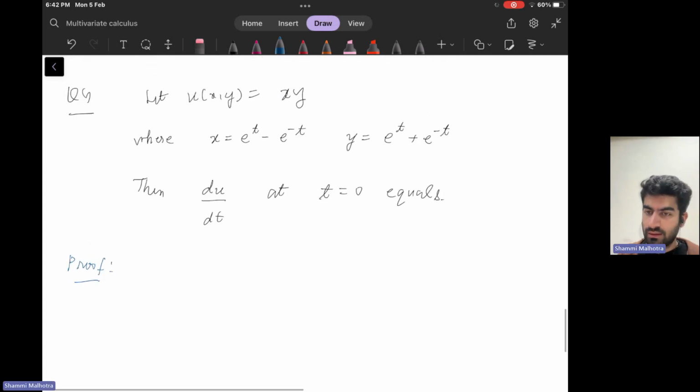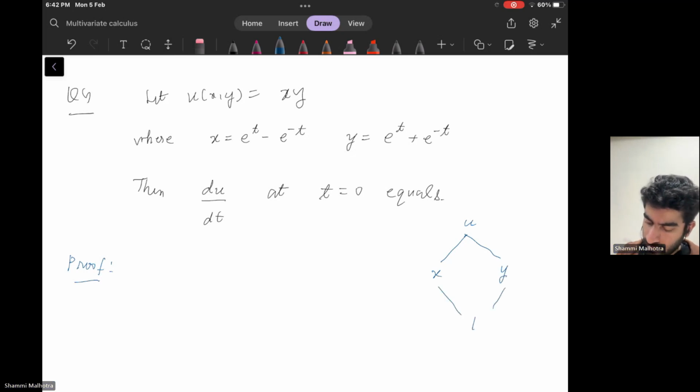Okay, so we know that we have our function u, and it has two independent variables x and y, and these x and y again have dependencies on a variable t.